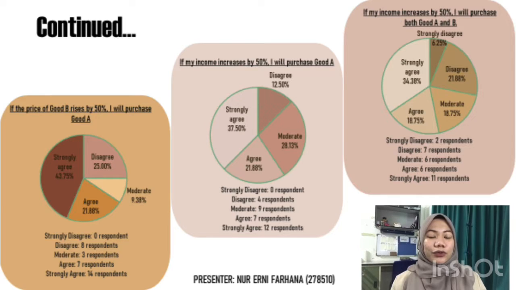Those who selected agree and moderate were 6 respondents respectively, which is about 18.75%. In the meantime, 7 respondents disagree with this statement, which is about 21.88%, and only 2 respondents, or 6.25%, strongly disagree with this statement.